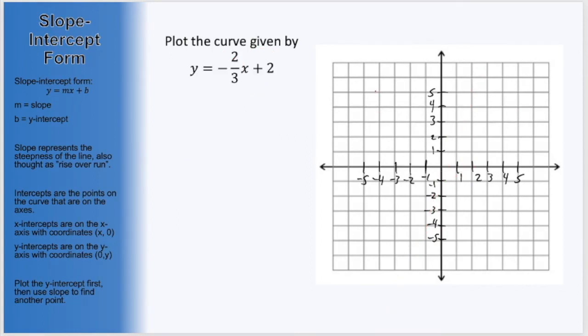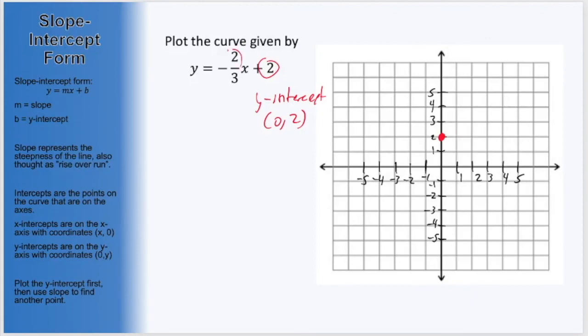Let's discuss one more example to make sure we have this process down. Consider the equation y equals -2/3 x plus 2. Using the same steps as before, we see that the plus 2 here will be the y-coordinate of our y-intercept. So we'll go to the value of 2 on our y-axis and just plot a point there.